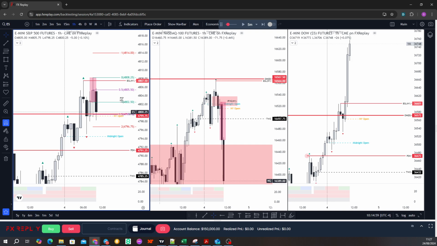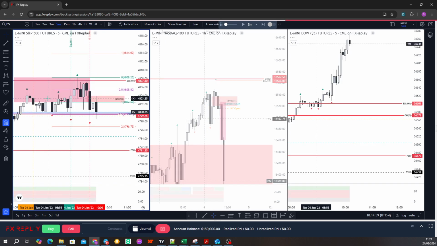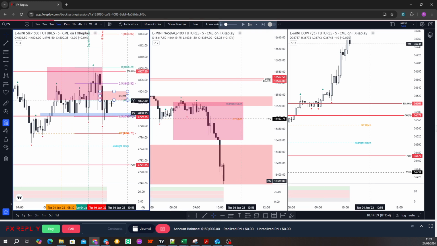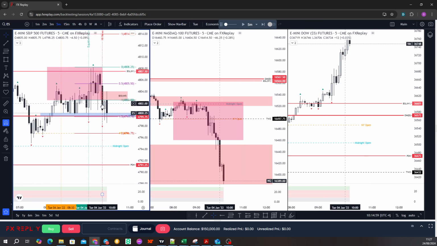So let's see M5 again. Sorry. Yes, we've got the body closure below, occurred at 10.